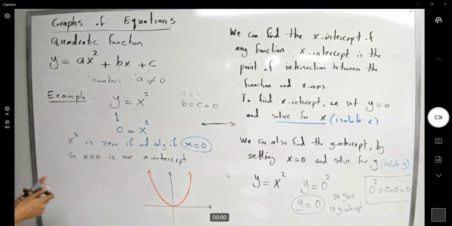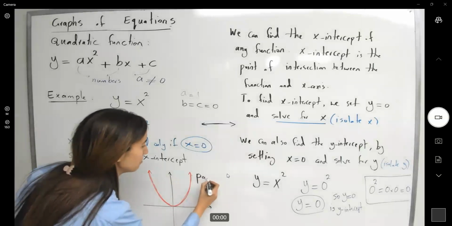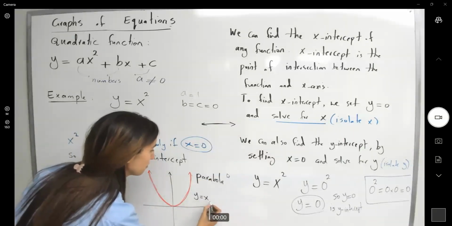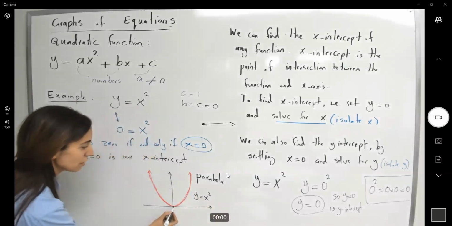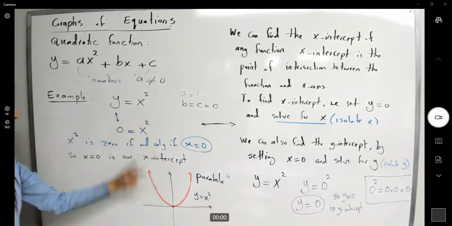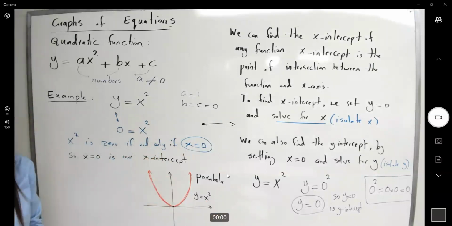This is the graph of y equals x squared, and we call it a parabola. As you can see, the points of intersection with the x-axis and y-axis are both at the origin, x equal to 0 and also y equal to 0.